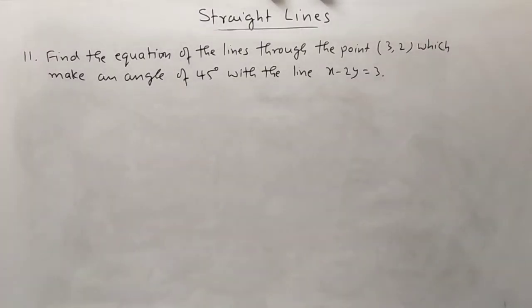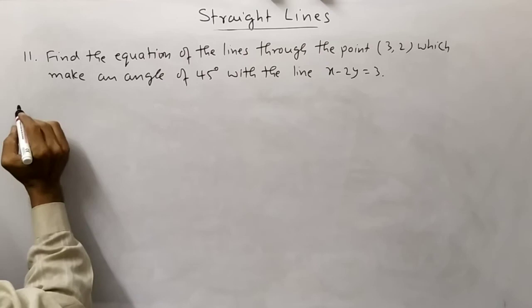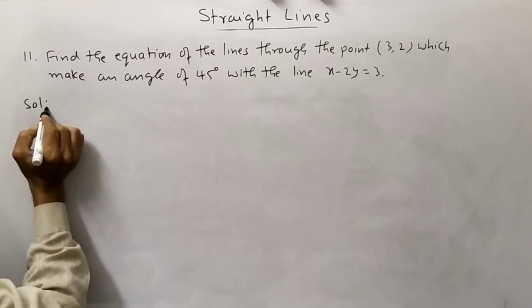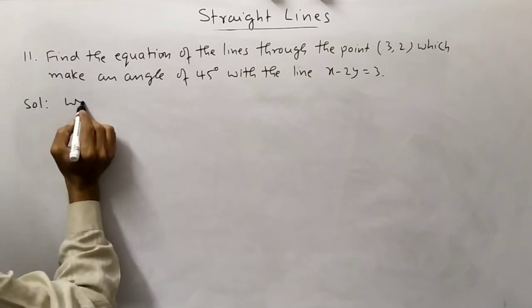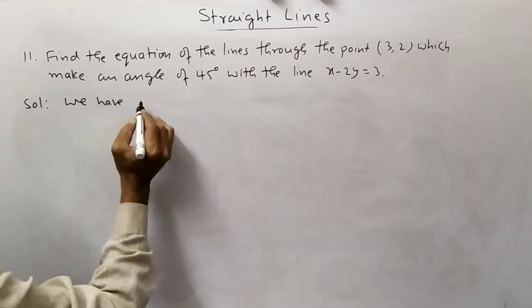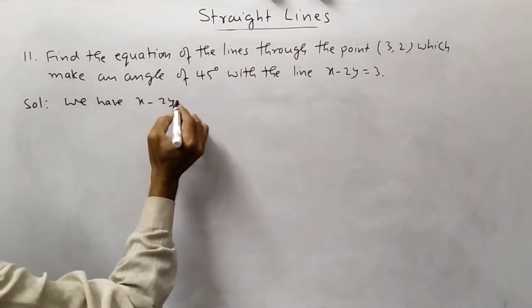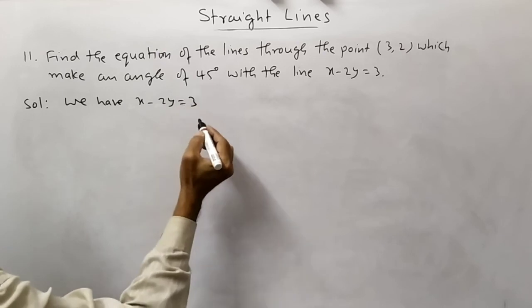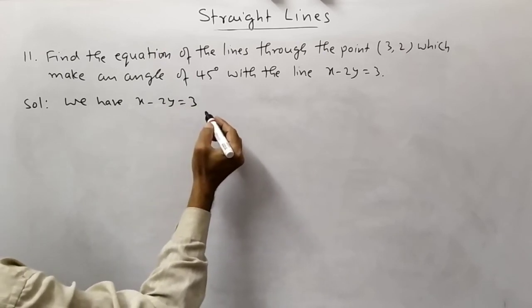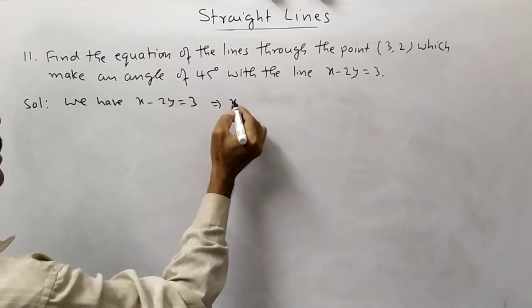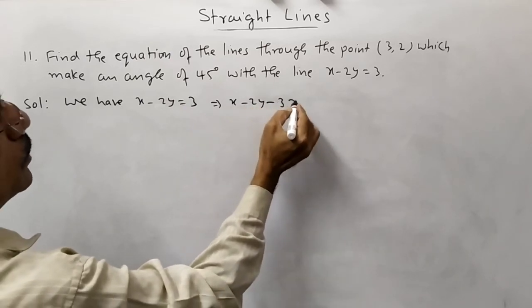Next question. Find the equation of the lines through the point with coordinates 3, 2, which make an angle of 45 degree with the line x minus 2y is equal to 3. Solution. We have x minus 2y is equal to 3. That implies x minus 2y minus 3 is equal to 0.